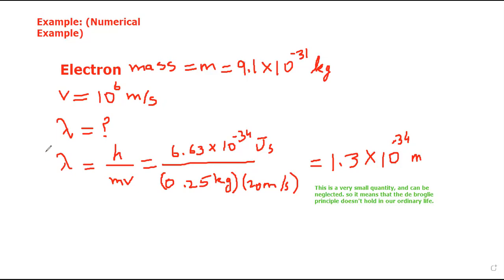so again we'll be using this formula. Lambda is equal to h by mv, and by putting these values, now two values have been changed, the mass and the velocity, while the Planck's constant will remain the same, because Planck's constant is always a constant. So now mass is 9.1 cross 10 power minus 31 kilogram, while the velocity is 10 power 6 meters per second.